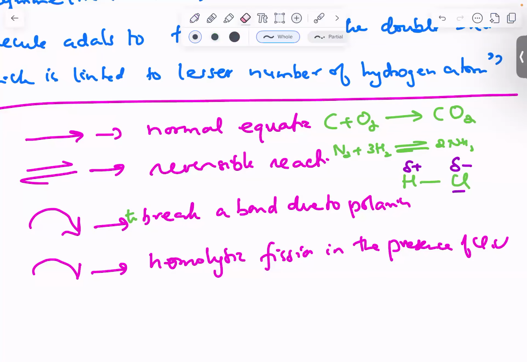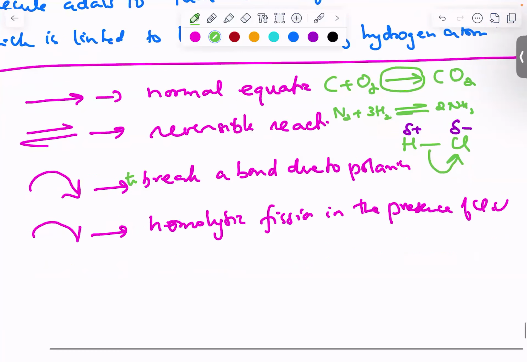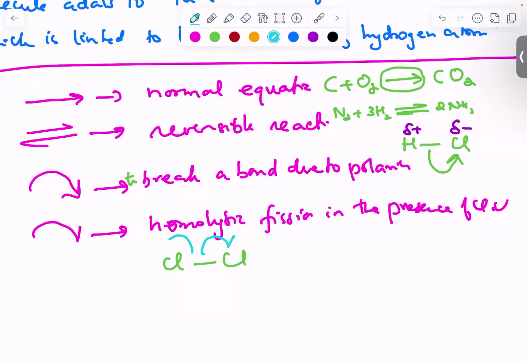And if I do it like this, it is called a curly arrow to show the breaking of the bond. This is not for the breaking of the bond. And homolytic fission would be Cl and Cl, and then I show it with the half-headed arrow. UV gives 2Cl dot. That means radical formation. Is it clear? All right, good.